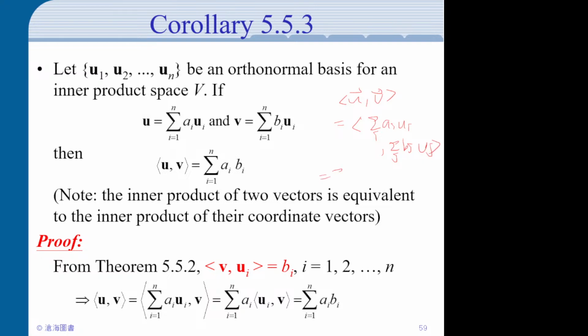This is just the sum over ij of Ai Bj times the inner product of Ui and Uj. You have a delta function, and this turns the sum over ij into a sum over i. It's a more symmetric proof. Question?